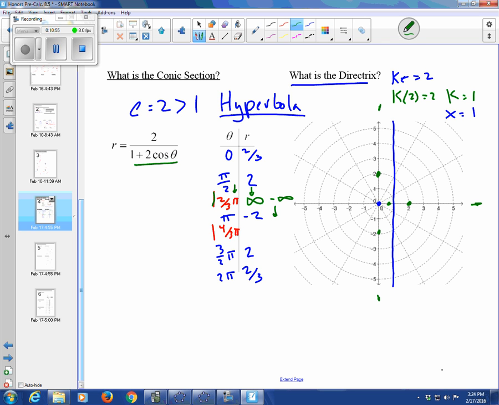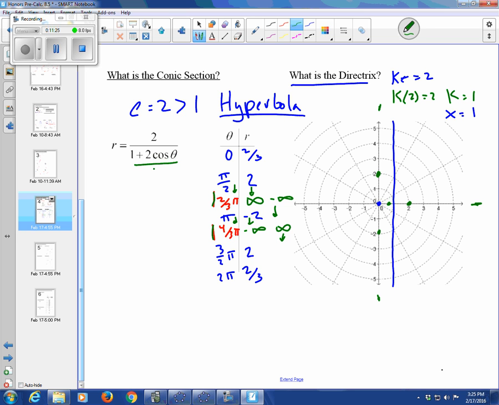For 4/3 pi, we're going to have negative values getting smaller and smaller in the denominator, giving us larger and larger negative r values. So as we approach 4/3 pi, we're approaching negative infinity. And as we go past 4/3 pi, we're dealing with small positive numbers in the denominator, so we're coming from positive infinity with our r values.